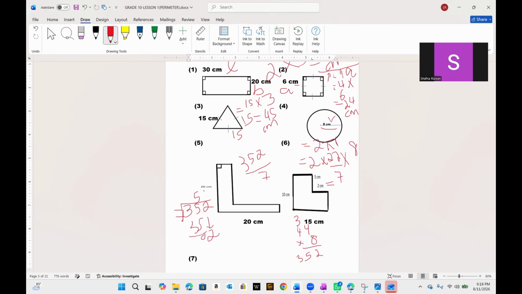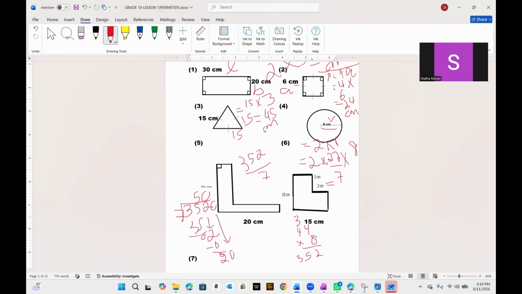In 2, how many 7? Nothing. So you will put 0. 7 zeros are 0, and 2 minus 0 is 2. Again 2, do you have anything? No, then bring a 0 here and put a decimal. 50 point.